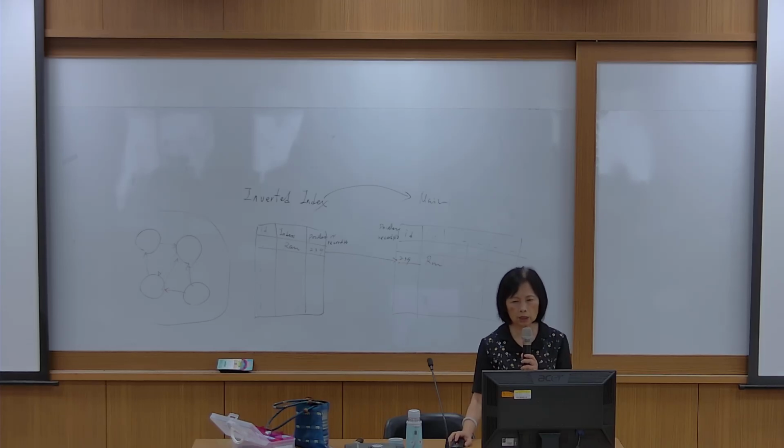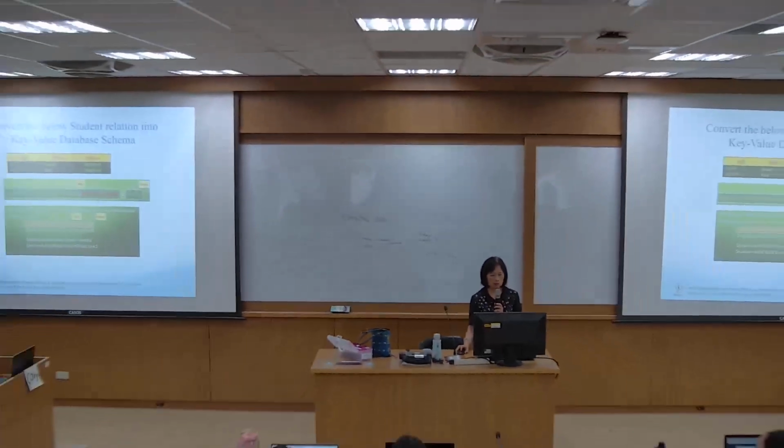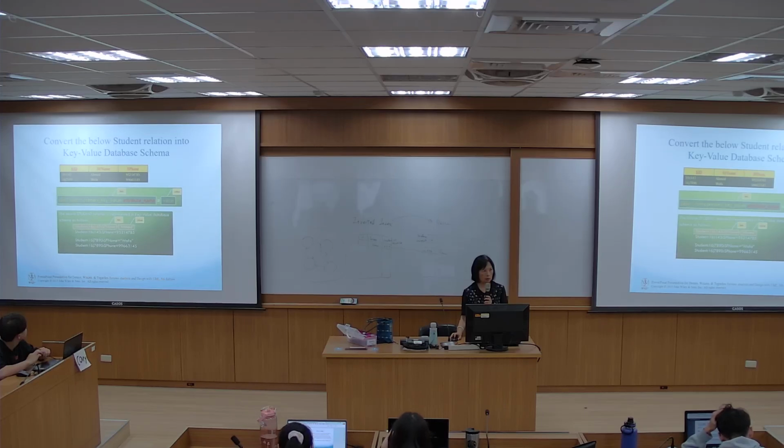You have a key and a value. What constitutes the key? You should have the table name, so Students is the table name, and the primary key value, not the key but the key value. So here we have the student ID. Student is the table name, then we know which table and which primary key.